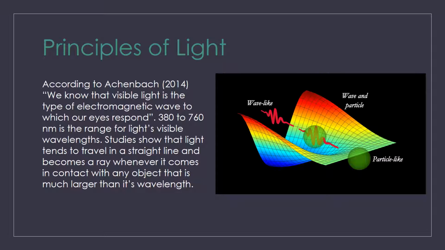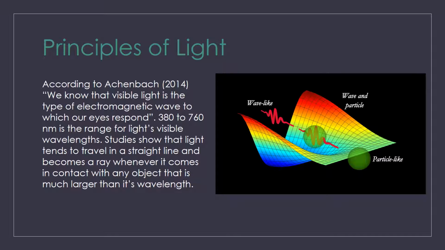We do know that visible light is an electromagnetic wave that our eyes respond to. It has a range that was common throughout the text, from 380 to 760 nm. That's the range for light's visibility, and that's what we see whenever light comes in contact with an object.